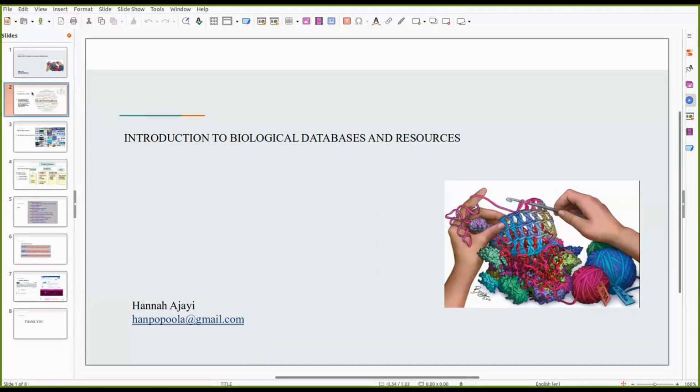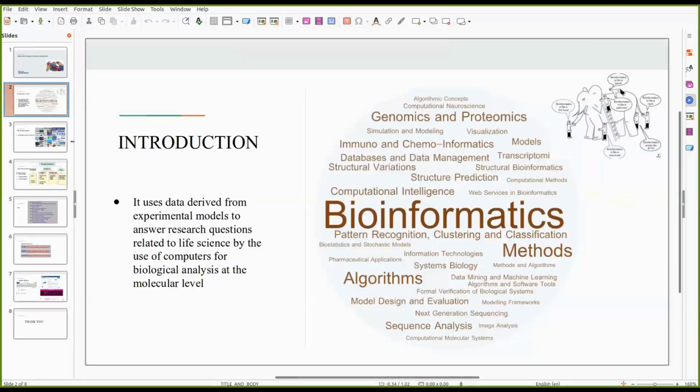The essence of biological databases is for research purposes, and the major fields that deal with computational biochemistry or biology are kind of grouped into bioinformatics. If you look at my slide by the upper right, you see a big elephant, and that's like scientists trying to question or give meaning to what bioinformatics actually is.